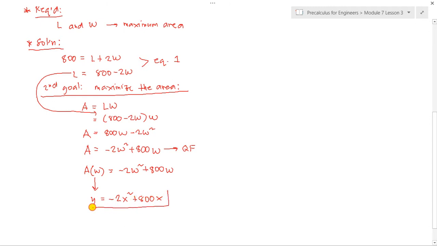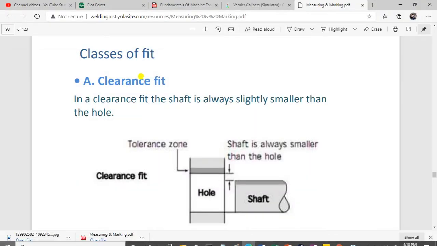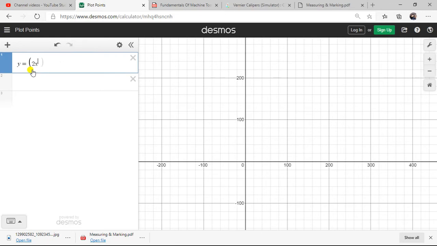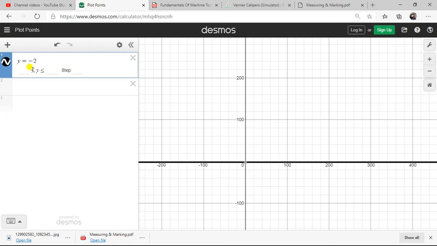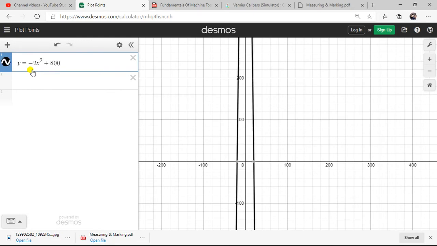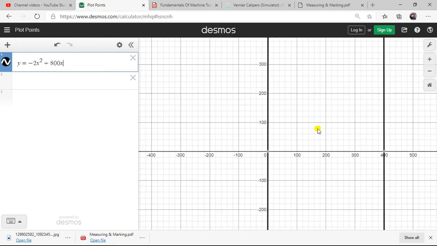So we can plot this in an online graphing calculator, Desmos. Here we have negative 2x squared plus 800x.